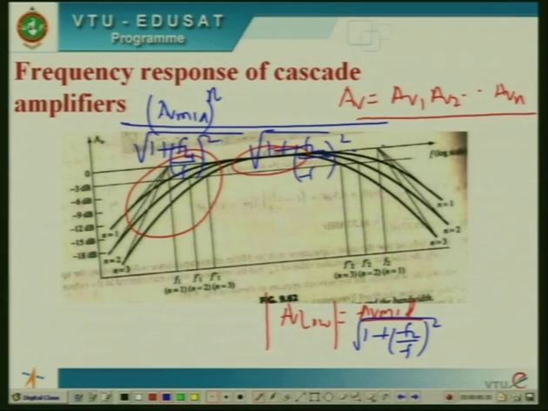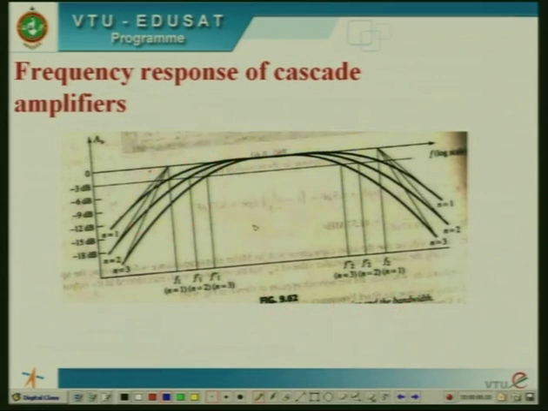For this circuit, if you are interested only in the equivalent frequency response, then we can rewrite this. What is the overall? If you simplify, you consider 1 divided by 1 plus F L star by F whole square.